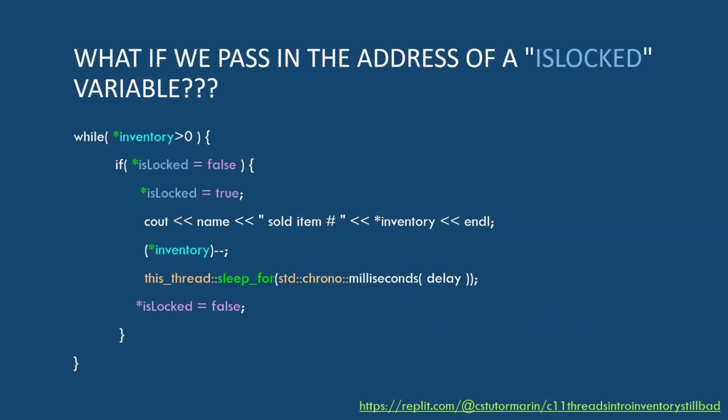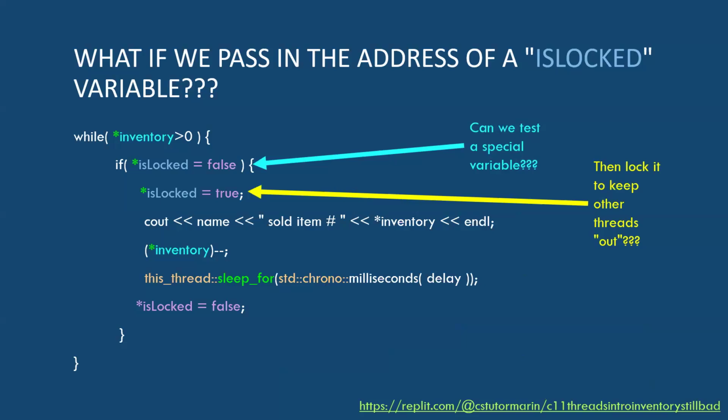So we could create a variable called is locked, or a pointer to a Boolean variable that says is locked. And I could say, if it's not locked, then I'll go ahead and lock it, and that should keep me safe. Then anybody else who checks that variable will find that it's locked and they won't do anything. That's the hope anyway.